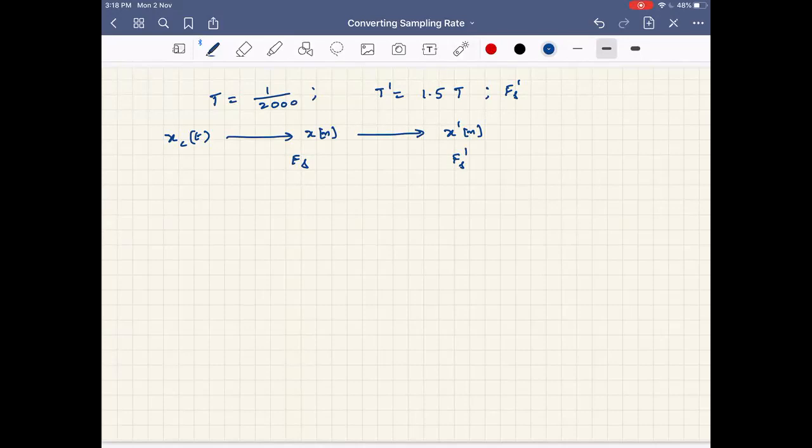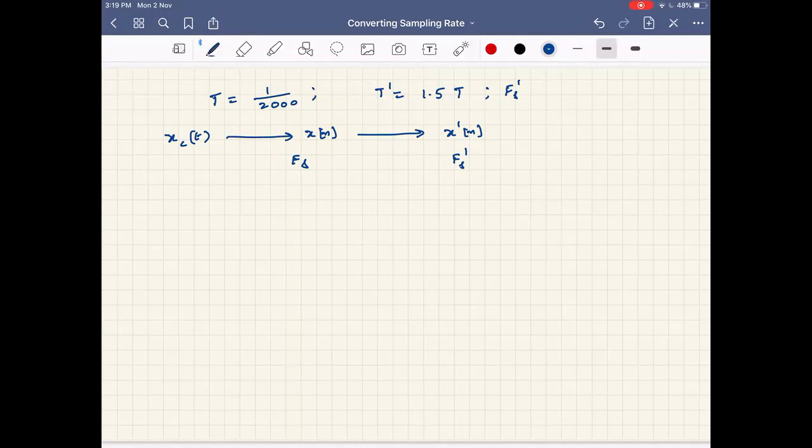It is not an integer multiple of Fs. But we would like to have a fractional sampling rate conversion from x of n to x dash of n. This application is also quite important and occurs many times.